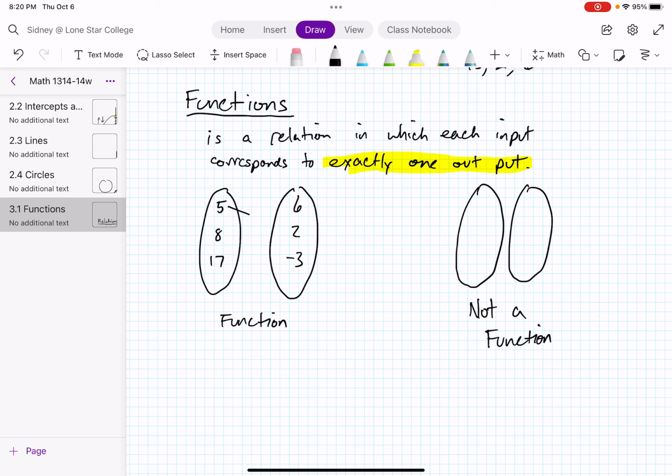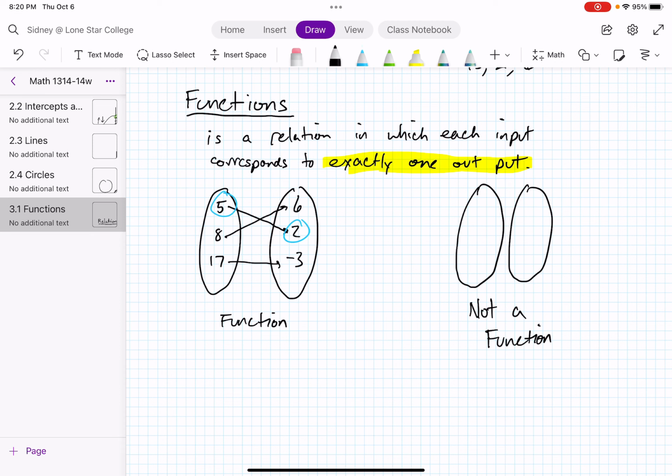So 5 corresponds to 2, 8 corresponds to 6, and 17 corresponds to -3. Now, when I say exactly one output, I mean that there is one arrow connecting the input to the output. The input 5 has exactly one output, 2.